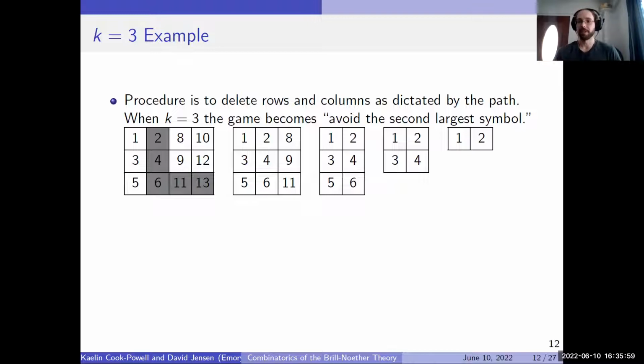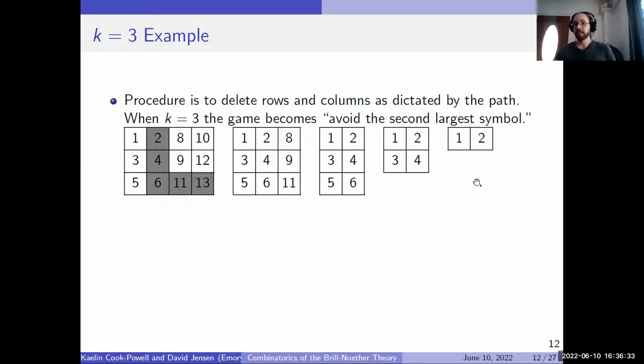Because if I'm looking at a hook of length at most 2, I'm really only looking at the 2 largest symbols. Your largest symbol is guaranteed to be in the bottom right. And so that means the second largest symbol is either directly above it or directly to the left of it. And what I'm going to do is delete the row or column that contains that second largest symbol. For instance, I'll delete the last column, delete the last column again, then I delete the last 2 rows as I travel up.